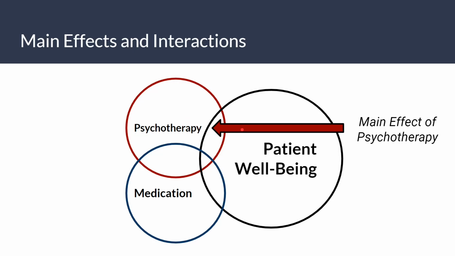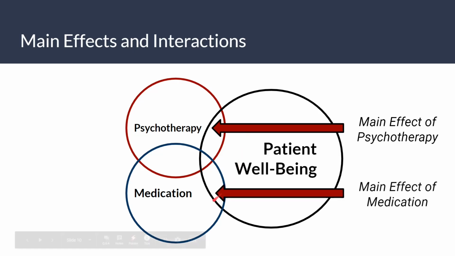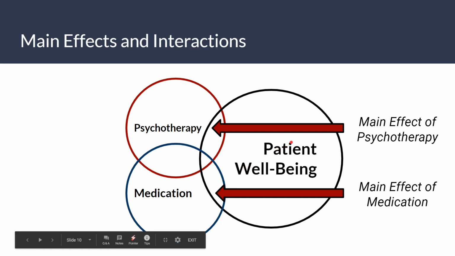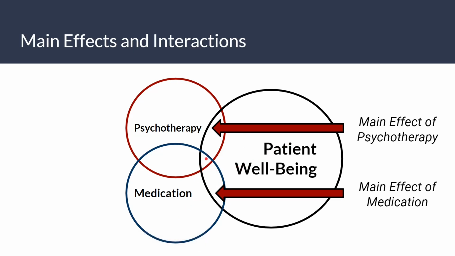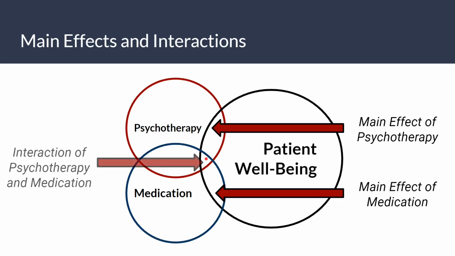That's why we are confident that therapy has a main effect. But there are also some aspects of your recovery that come from medication, so it has a unique effect as well. However, there is also an area here in the middle that represents the combination of these two, and that is where we can find the interaction between psychotherapy and medication.